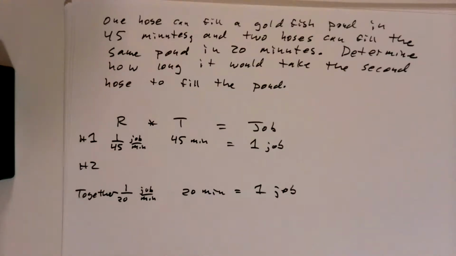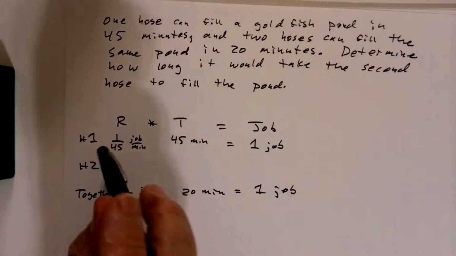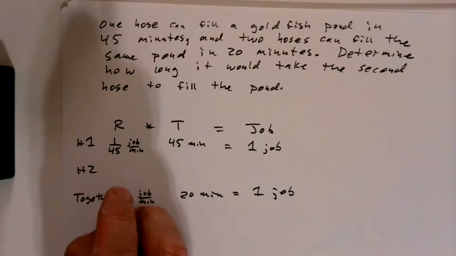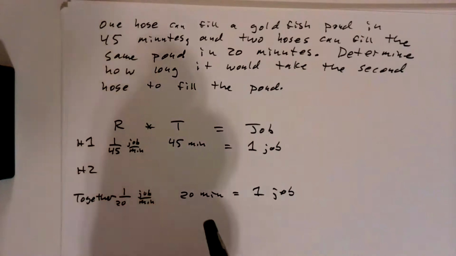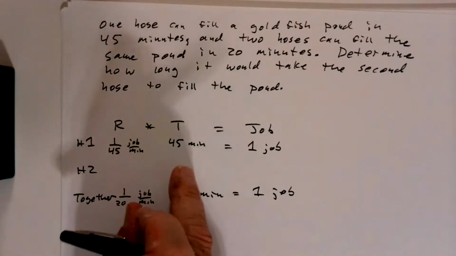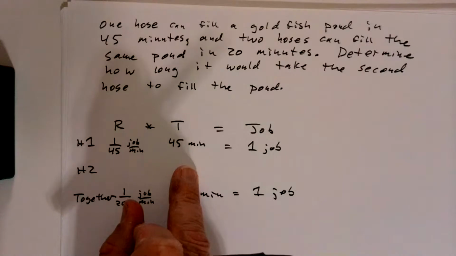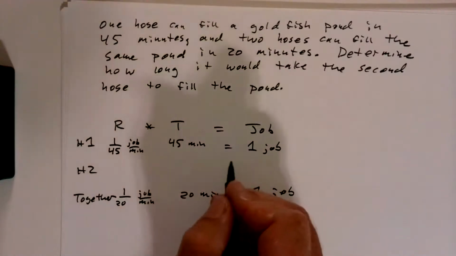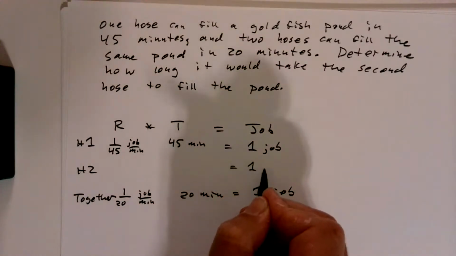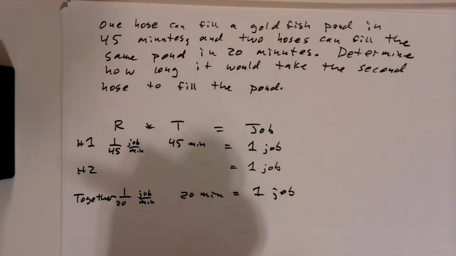Well, here's the thing, right? This piece plus this piece has got to equal 1/20th. Now, we're looking for how much time it's going to take to do one job. So I want to see what the rate is for that second one, then figure out the time.